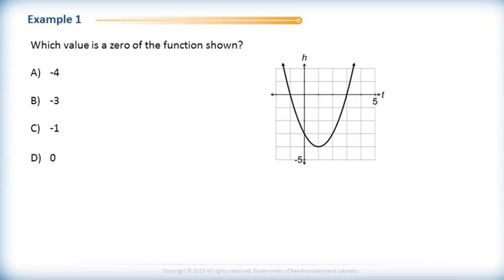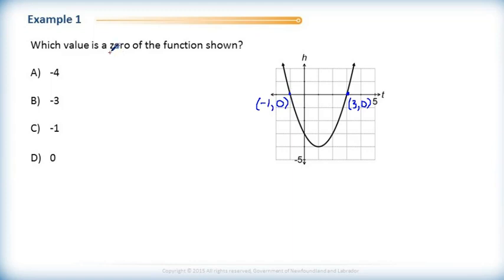Example 1. Which value is a zero of the function shown? Well, a zero is any value of x that makes the function itself equal 0. That occurs right here. When x is 3, the y value is 0. And right here, when x is negative 1, the y value is 0.